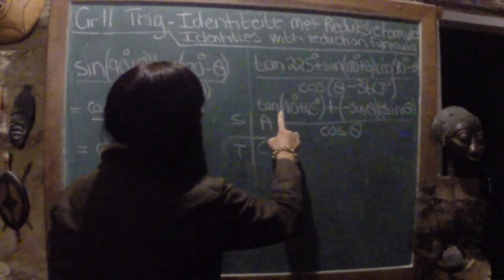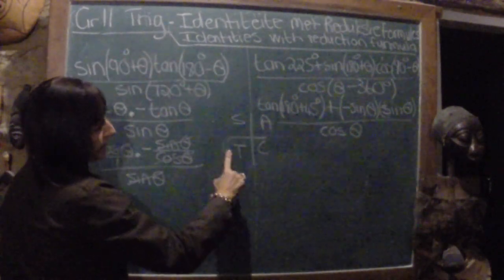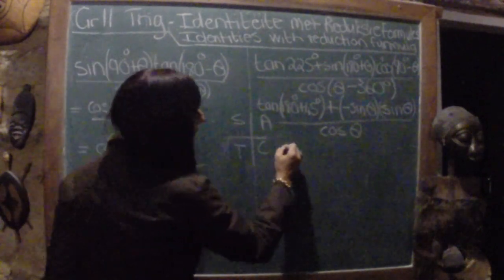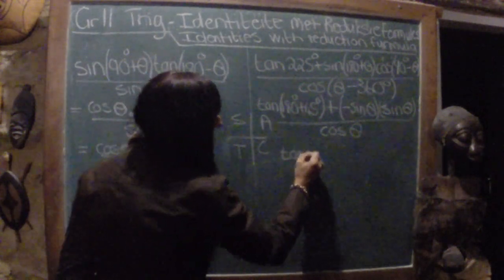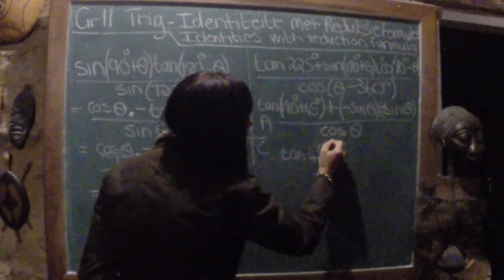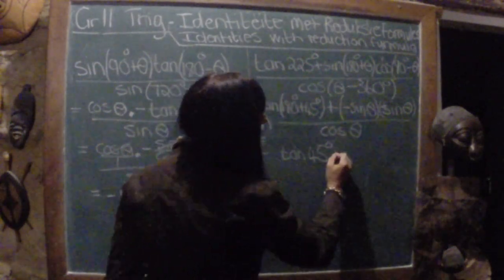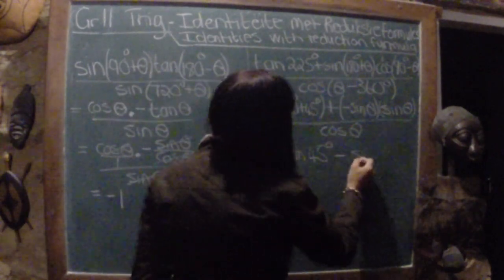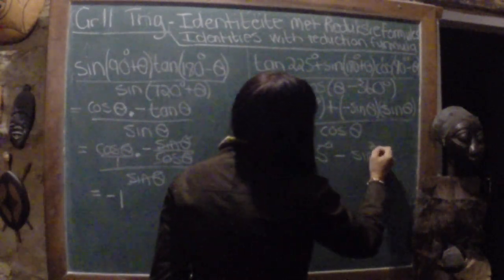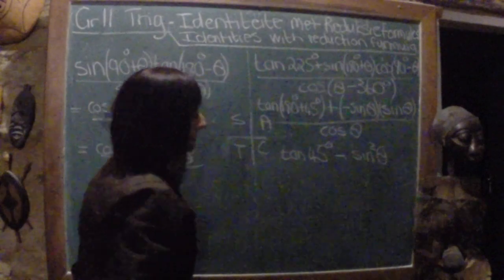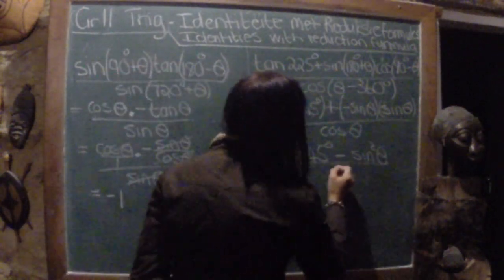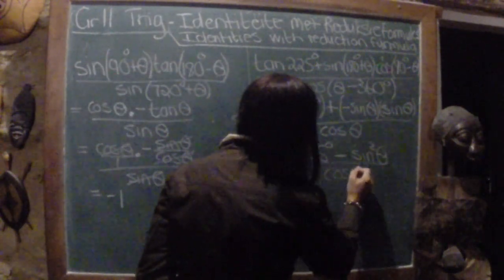So kom ons gaan kyk, tan van 180 plus 45 is positief tan van 45. Goed, dan het ek 'n sin theta maal 'n sin theta, hierdie plus en min maak 'n min, en dit gee vir ons minus sin kwadraat theta, on the cos of theta.